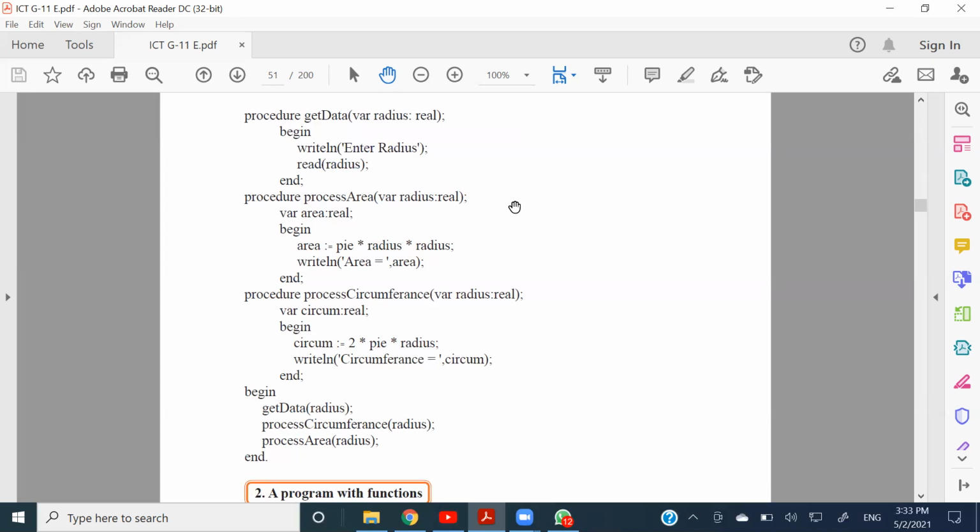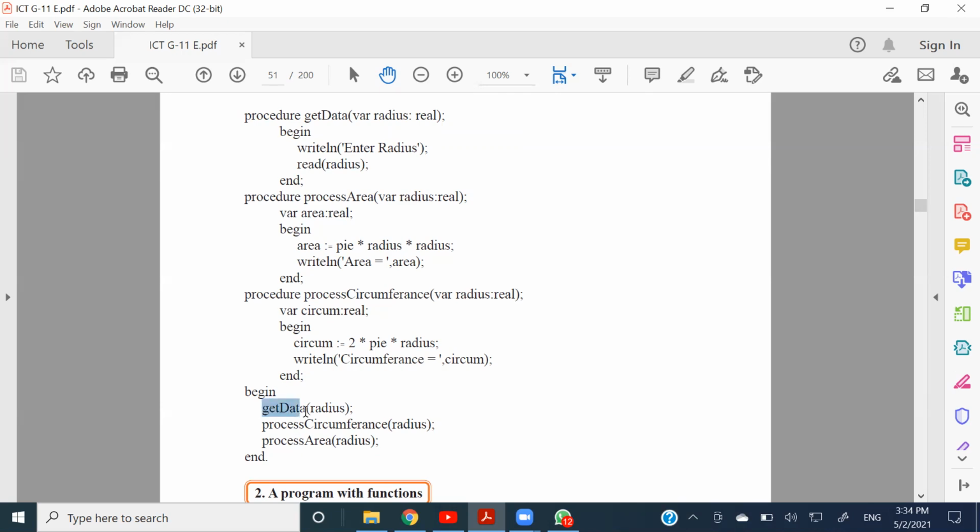Not the writeln. Where does it say to begin executing the procedure? Correct: get data radius.